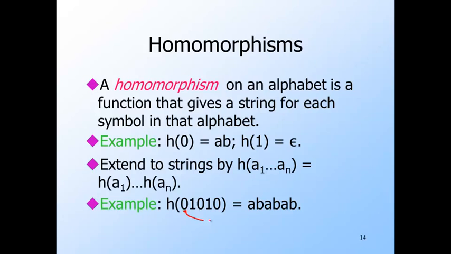That is, this 0 becomes that AB, this 0 becomes that AB, that 0 becomes that AB, and the 1s are replaced by epsilons that sort of go in the middle there, but you don't see them, of course, because they're empty. Thus, H of 0, 1, 0, 1, 0 is AB, AB, AB.